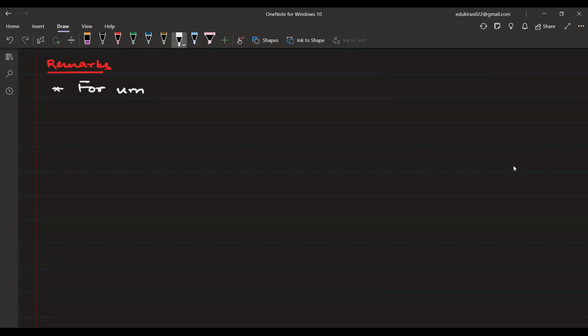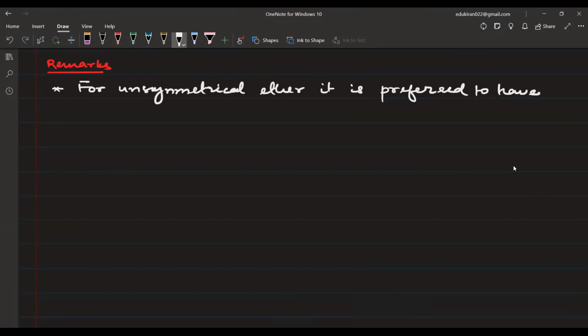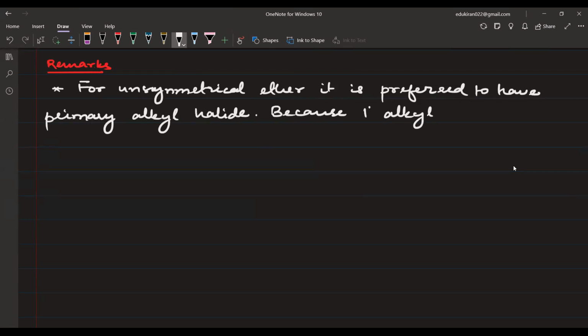For unsymmetrical ether, it is preferred to have primary alkyl halide, because 1 degree alkyl halides are most reactive towards SN2, right?